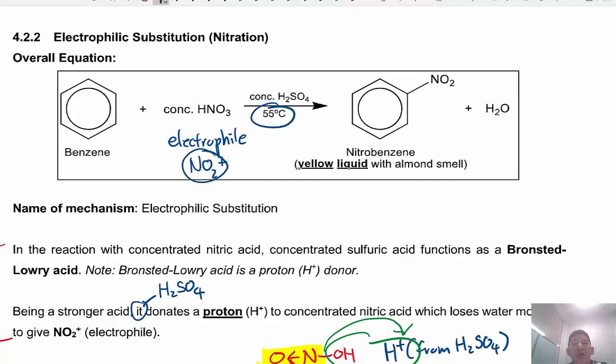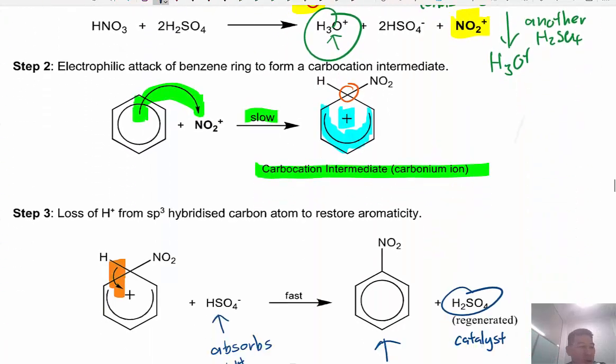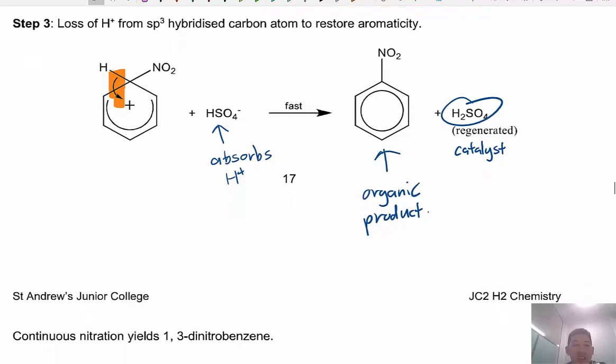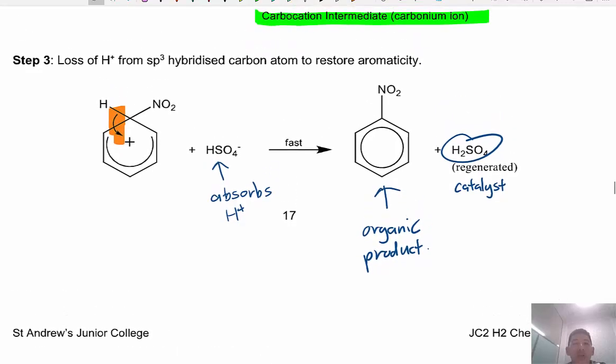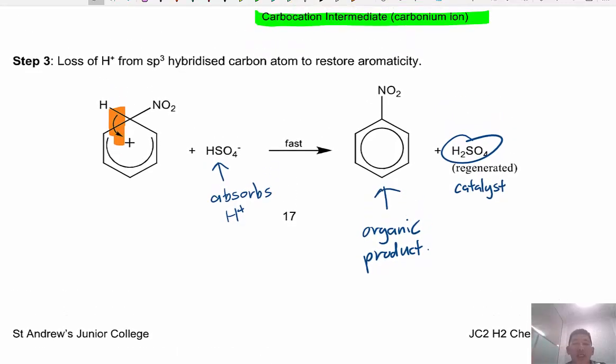You need 55 degrees Celsius for just benzene. No other substituent groups, it's just benzene on its own at 55 degrees Celsius. Right, so this is the nitration of benzene.